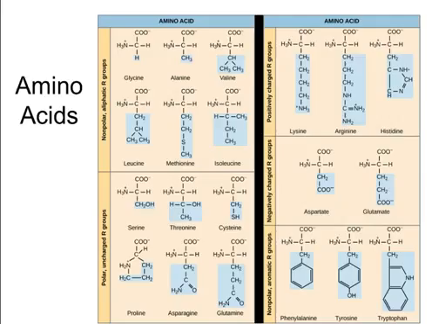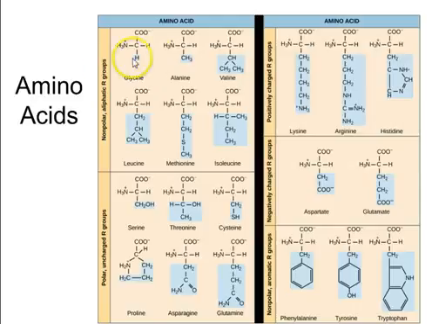Now there are 20 some odd amino acids that are important to man. Now I don't expect you to memorize each one of these amino acids, but what is important is the R group. This gives the amino acid its different chemical characteristics.